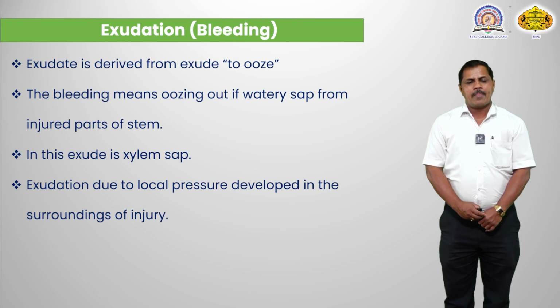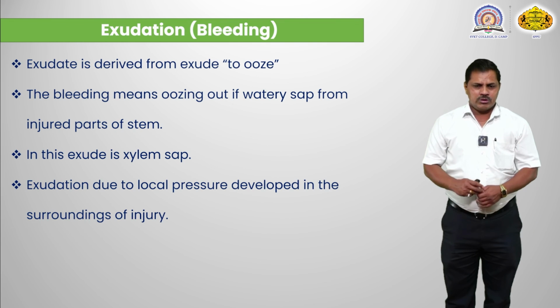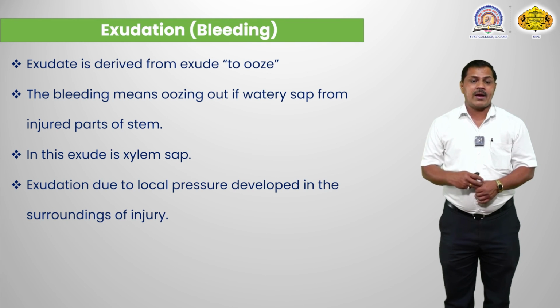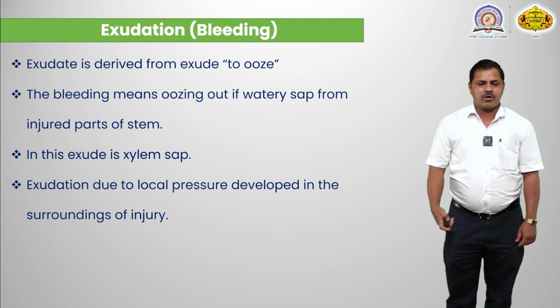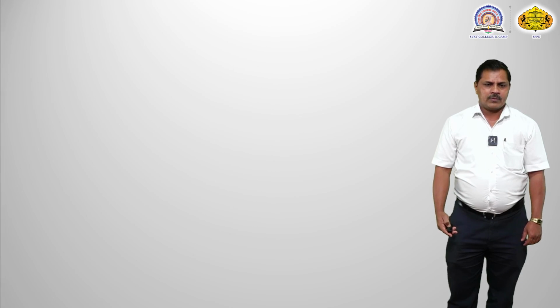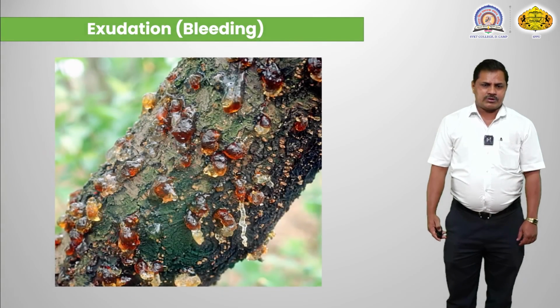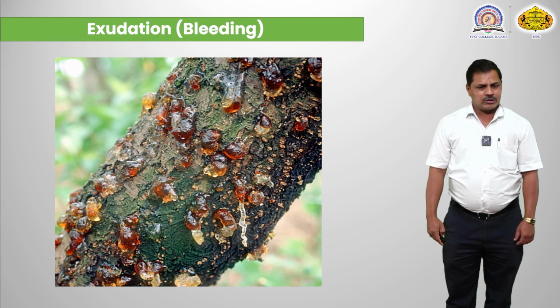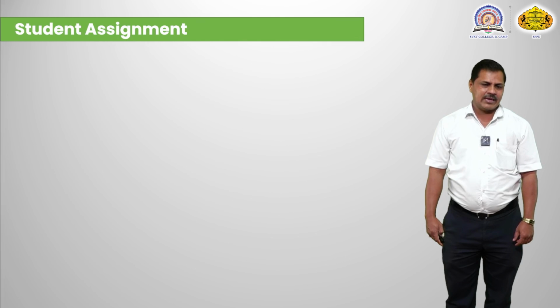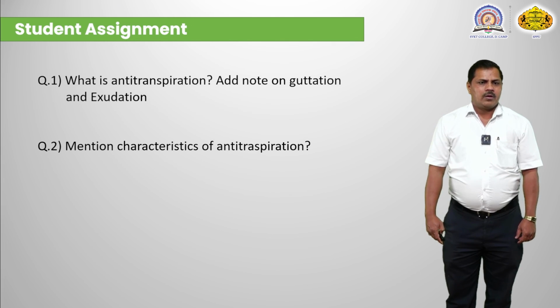In this, the exude is the xylem sap, and exudation is due to local pressure that develops in the surrounding of the injury. The local pressure is created, and ultimately there is a loss of water molecules to the surrounding or peripheral area. This is called exudation. The best example is gum, or certain substances and enzymes that are lost in this way.